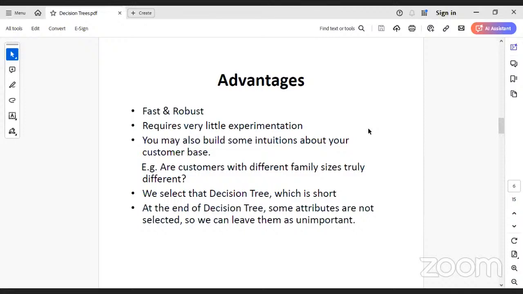Then you may also build some intuitions about your customer base. Intuitions means rules. Decision tree is the only algorithm which will generate rules by itself. So what are these rules? Suppose a Maruti showroom is using this decision tree algorithm on some database it has collected.